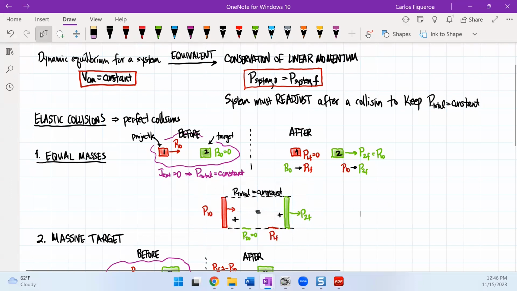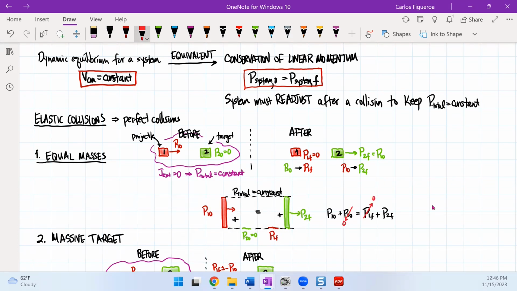And this is special only in the case of equal masses. And so that bar diagram essentially tells us then that P1 initial plus P2 initial must be P1 final plus P2 final. And in this situation, this one is 0. This one is 0. So then these two momentums are equal.